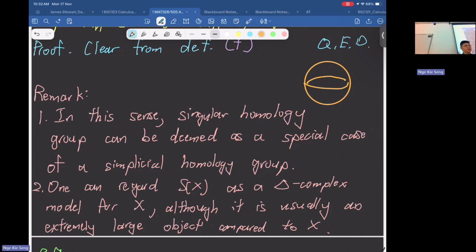For example, maybe we can use 8 of them to build it up. Or even 12 of them. You can use 12 of them to build it up. Maybe I use a different color.